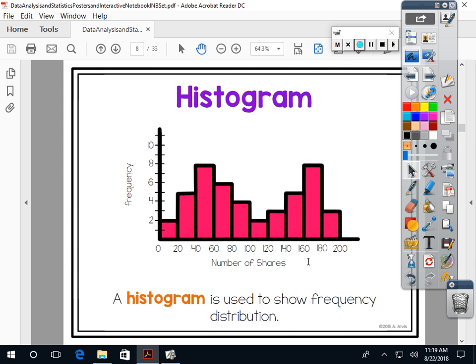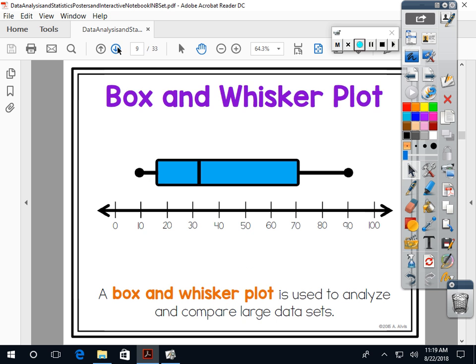Okay, now the last type of graph that we're going to talk about, that we've already talked a lot about, is a box and whisker plot.